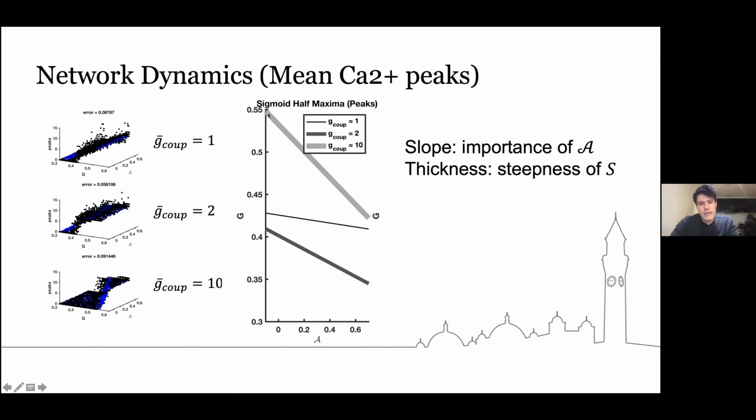You can see that the slope is very steep and negative because as assortativity increases, the required network activation is much lower. And a similar trend is also true for G coupling in the middle. Assortativity does play a role as well, but it's less defined. And then when G coupling is weak, you can see that the reliance on assortativity is much less.